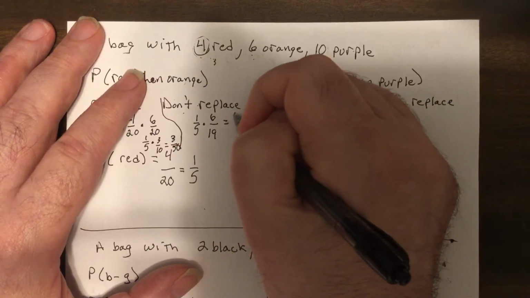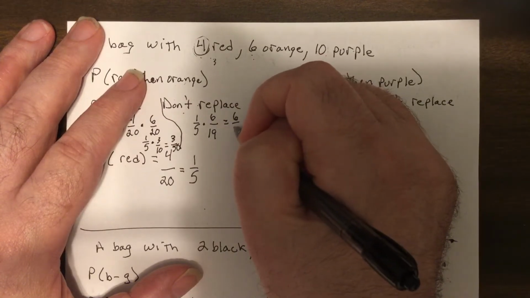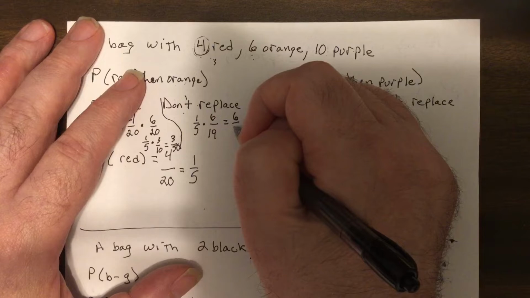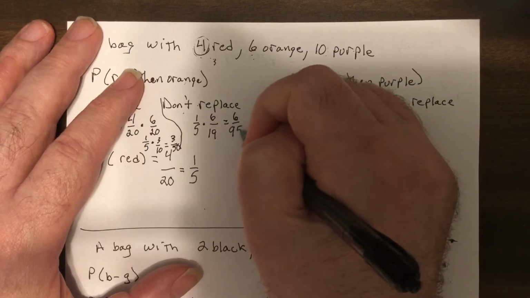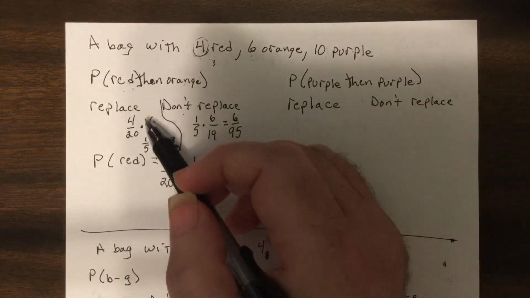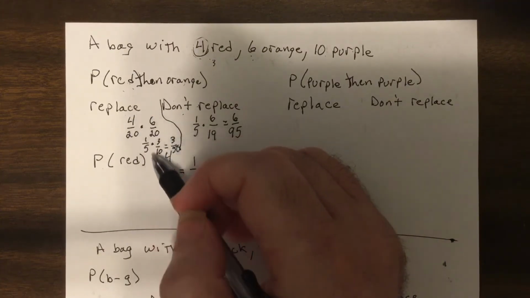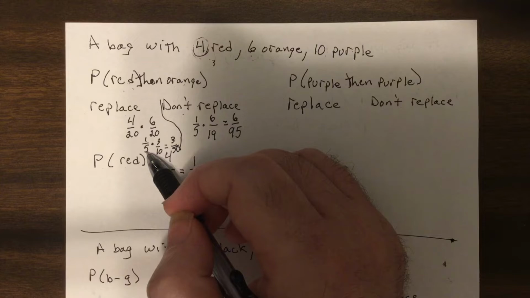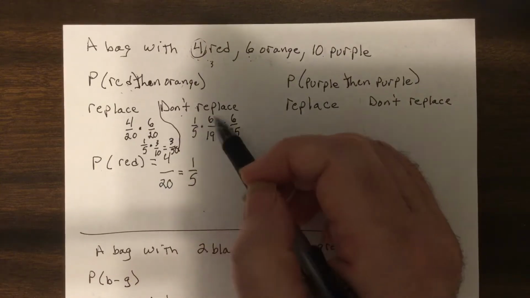So that would be 6 out of every 95. So if you replace the marble, every time you pull a red, it'd be 1/5 of the time. But if you don't replace, that would change.